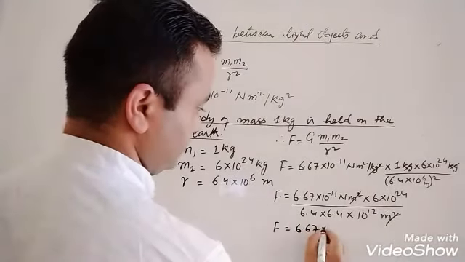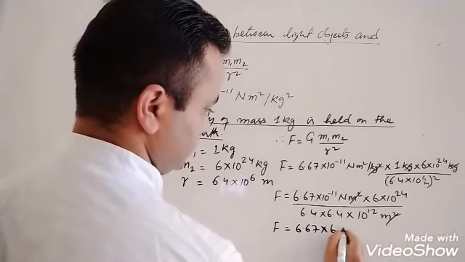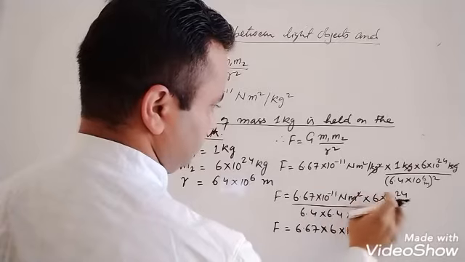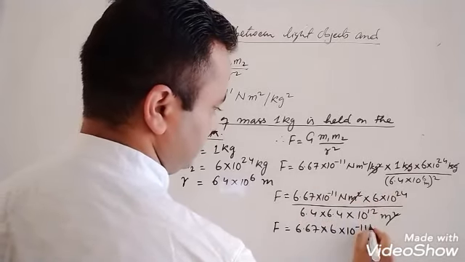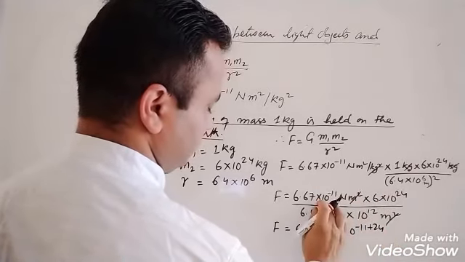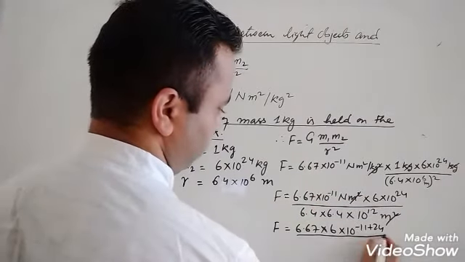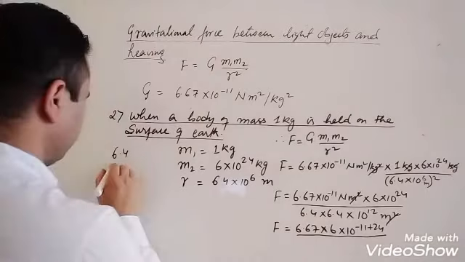So F equals 6.67 into 6 into 10 to the power minus 11. In multiplication, the powers add, as the base is the same: 10 to the power minus 11 times 10 to the power 24, divided by 6.4 into 6.4.